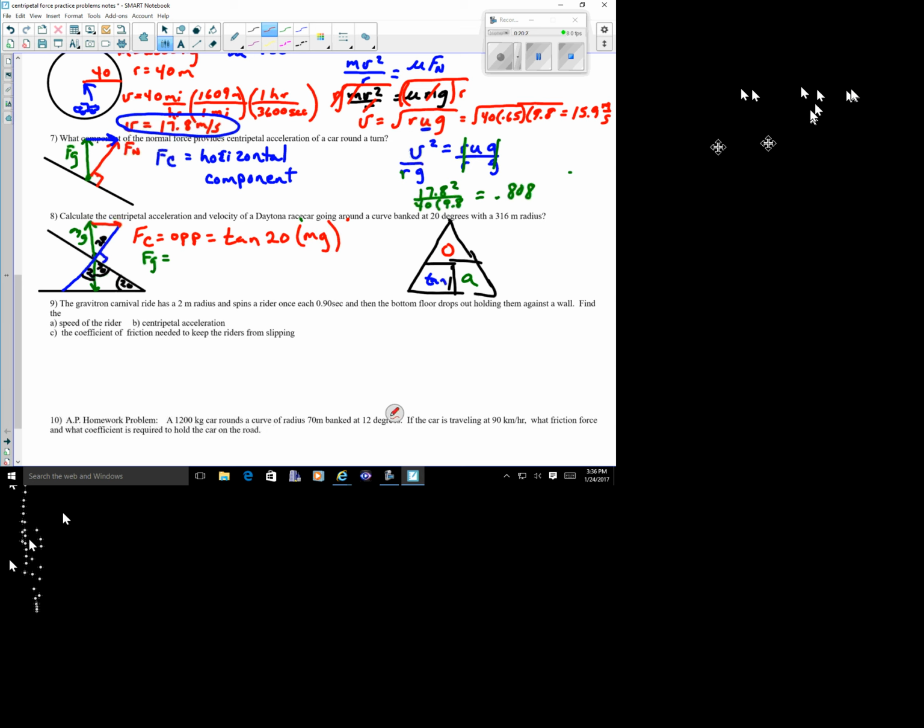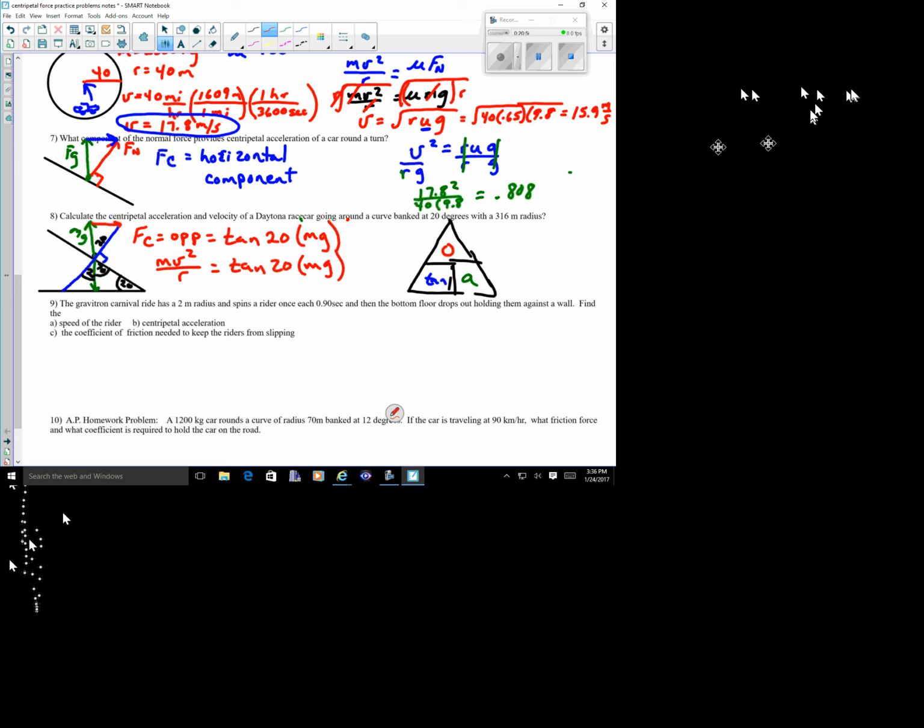Well, hopefully in your head right now you're saying, wait a minute, they didn't give me mass times gravity. Well, if they don't give you something, you've got to plug in some formulas. So what's the formula for centripetal force? It's m times v squared over r. That equals tangent of 20 times mass times gravity. Well, that's great, because now the masses cancel out.